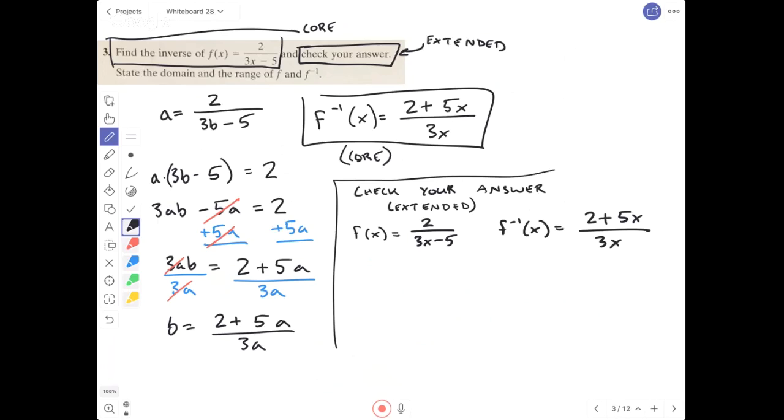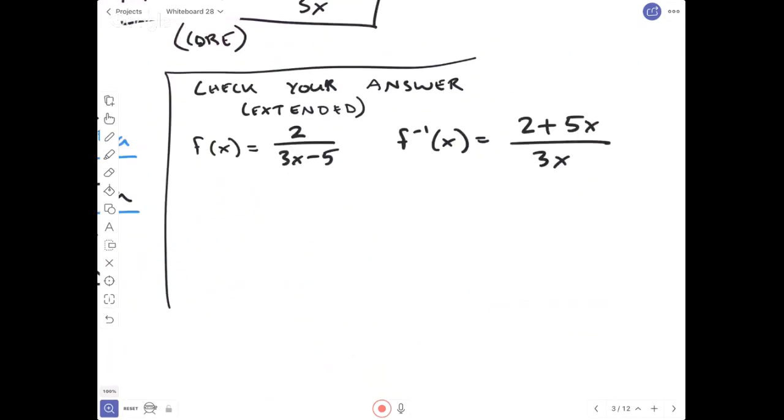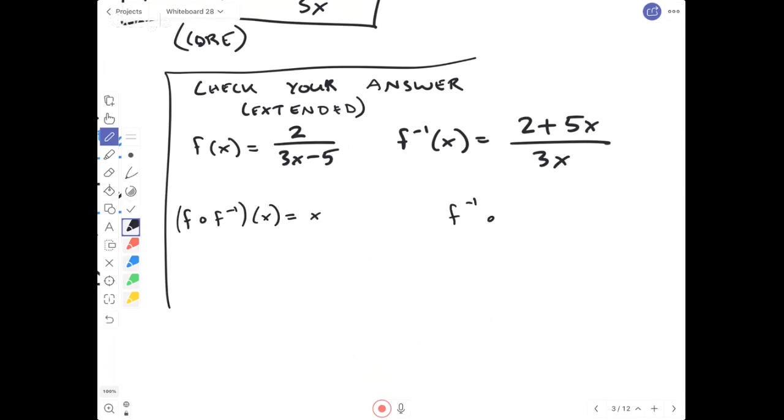To check your answer, I'm going to use function composition. I'm going to show that f of f inverse of x is equal to x, and I'm also going to show that f inverse of f of x is equal to x.